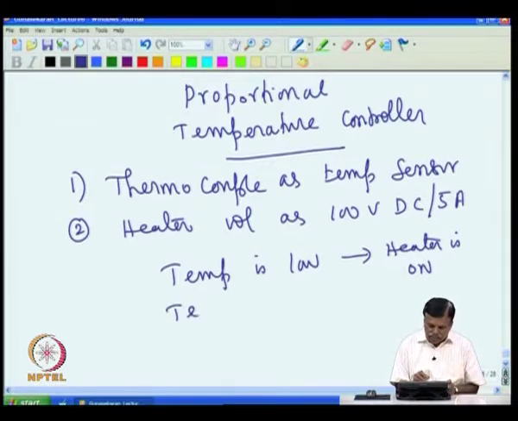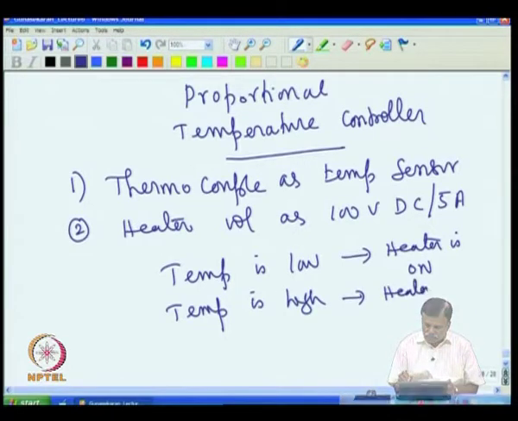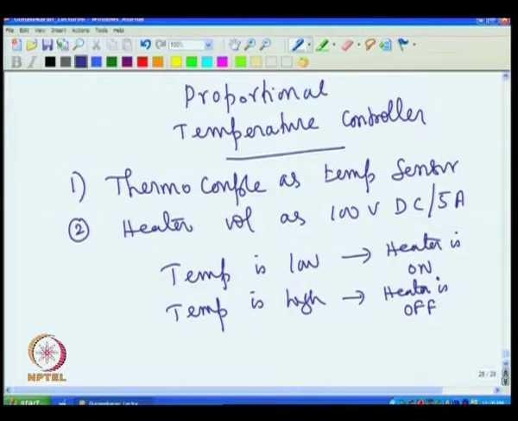If the temperature is higher than the set temperature, then the heater is off. This is what we had seen, that is high and low with respect to the set temperature. For example, if I set 50 degree, if the temperature is lower than 50, then the heater is on. If the temperature is higher than 50, then the heater is off.